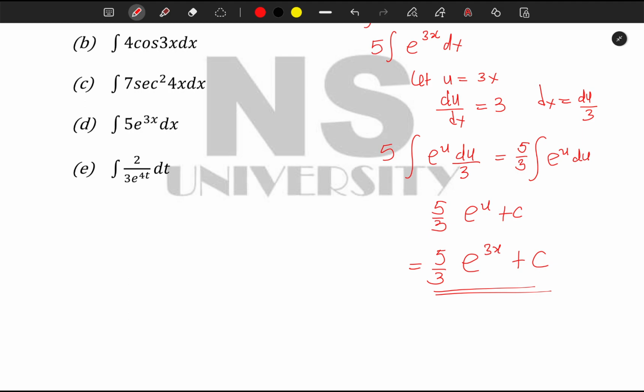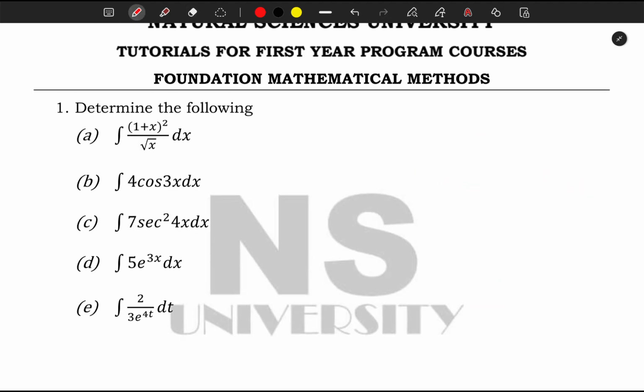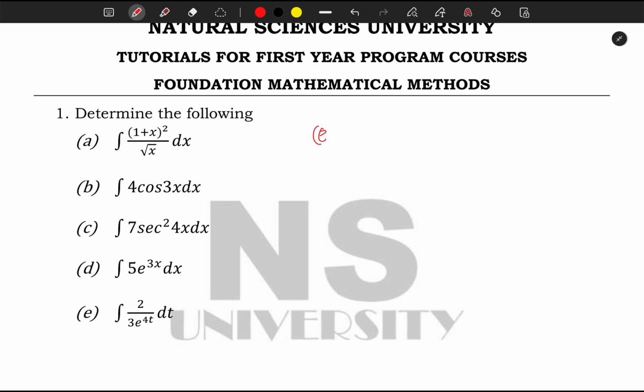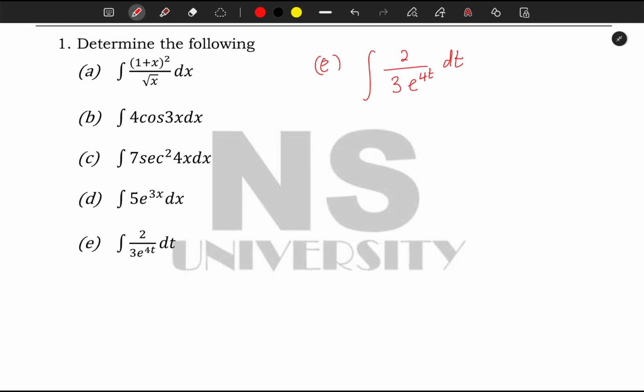Simple as that. Next question is E. Question E is the integral of 2 over 3e power 4t dt. Take note, 2 and 3 are constants, so you can take them out. So 2 over 3, take it out. We remain with 1 over e power 4t dt.